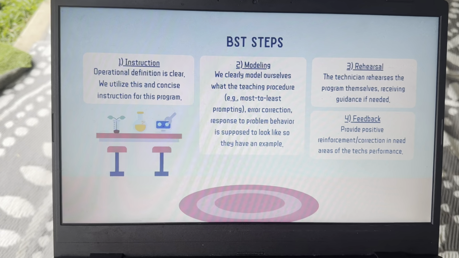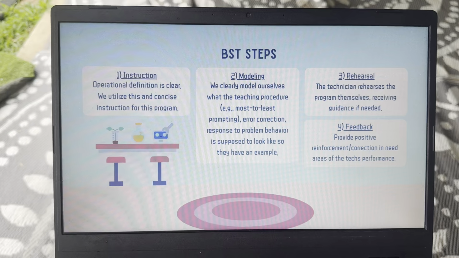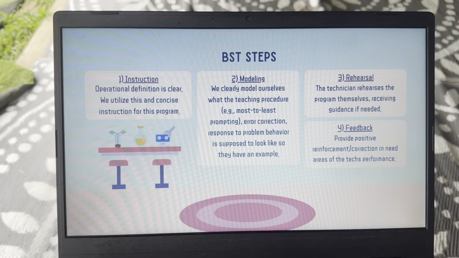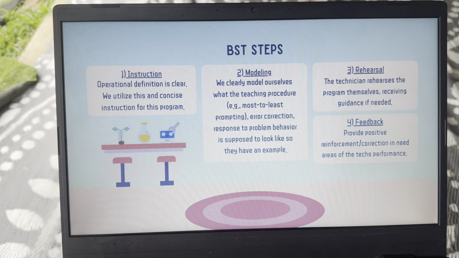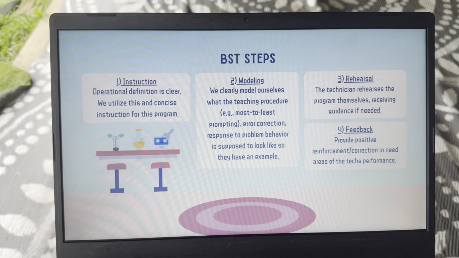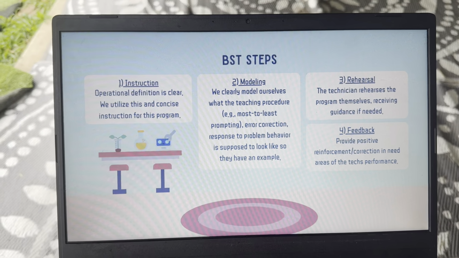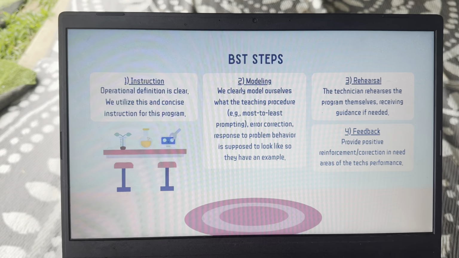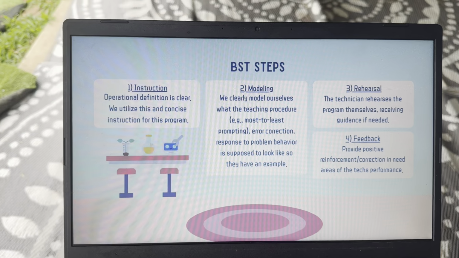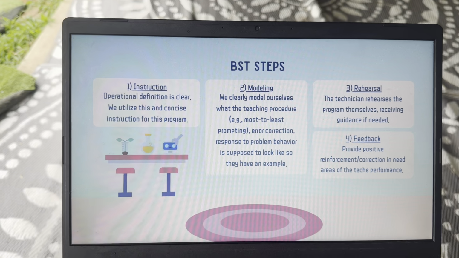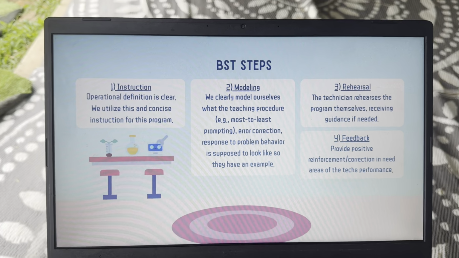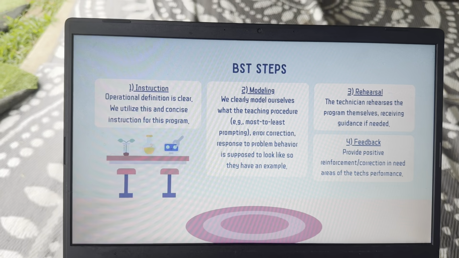So the 3rd step is rehearsal, and we want to then allow the technician, based on our instruction that we provide and the modeling that we provide them, to begin by themselves to rehearse and give it a shot and run that program. And then they'll receive guidance if it's needed as they are rehearsing it, so that they feel more confident.